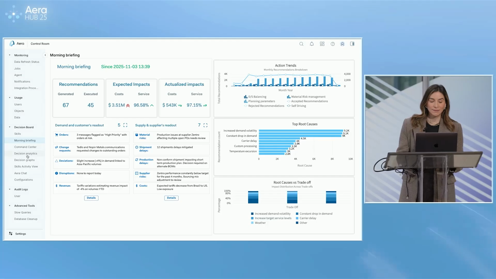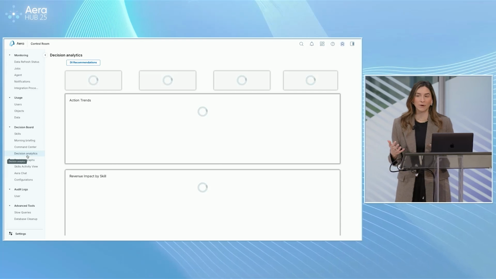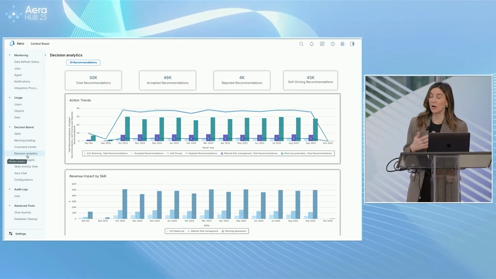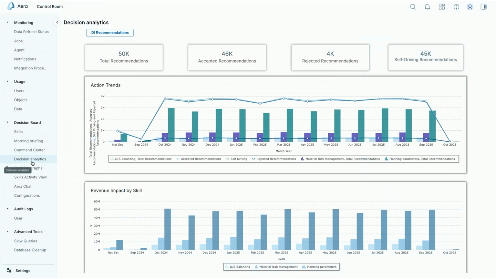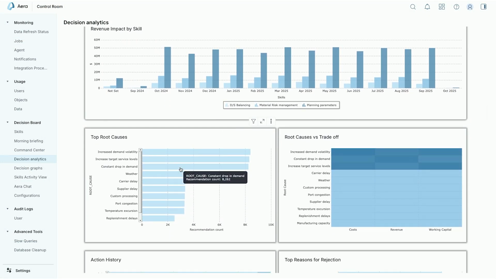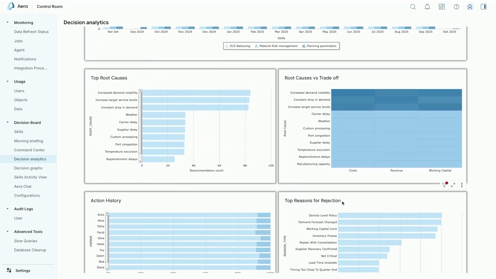Yeah, so that's really the role of my decision intelligence COE, and they have access to dashboards with decision analytics. So things like how many recommendations have been issued by the platform, how many were accepted, how many were rejected. They can go down to the level of users, evaluate what the root causes are for these rejections or acceptances, what the top reasons for rejection are.